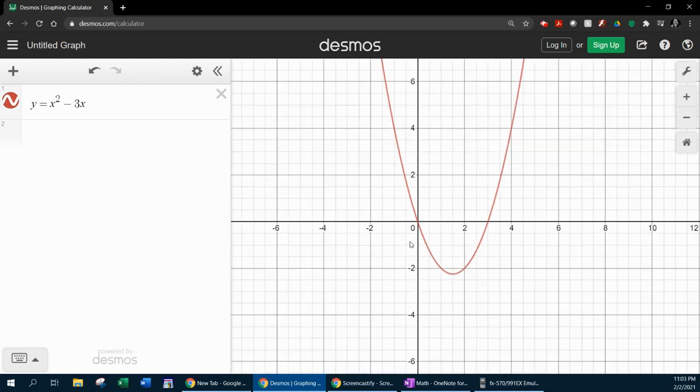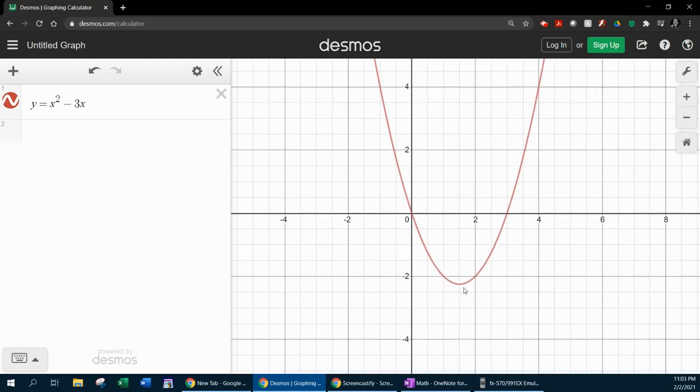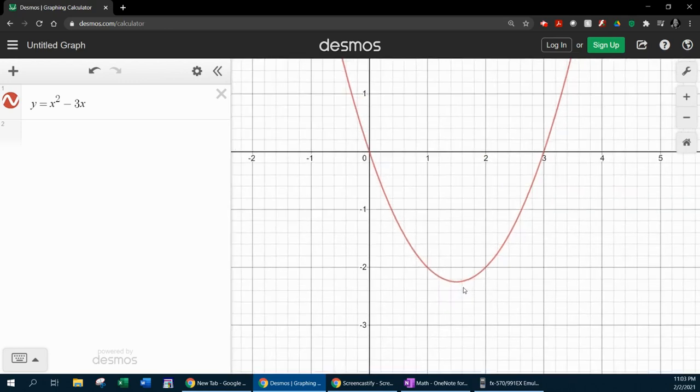Now what I want to do is I want to scroll in on this vertex and see if it's where I thought it was. Another cool thing about Desmos is if I click there, it will show me the vertex as well as the x-intercepts and the y-intercept.